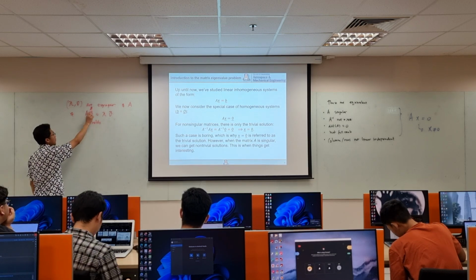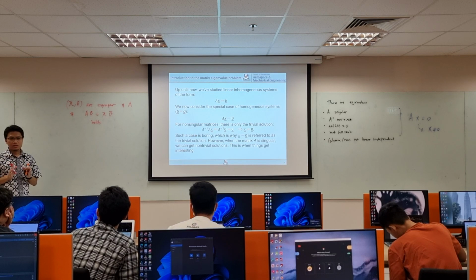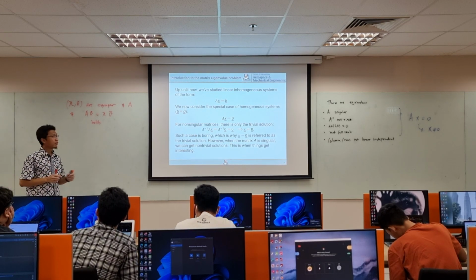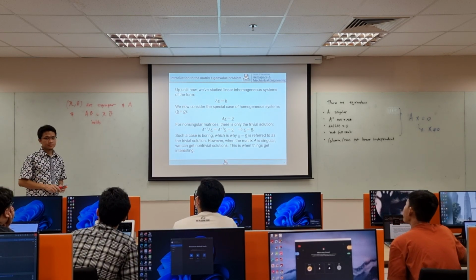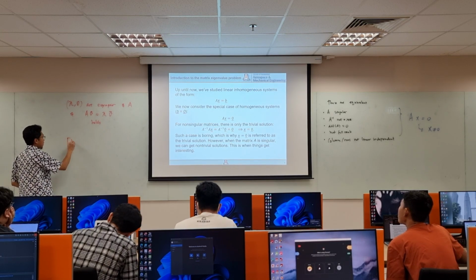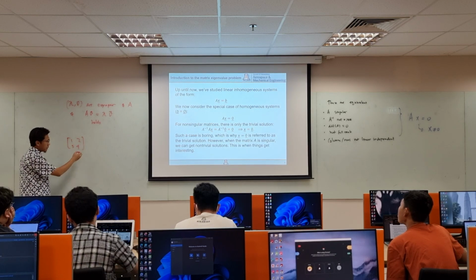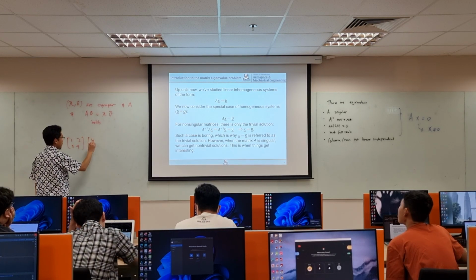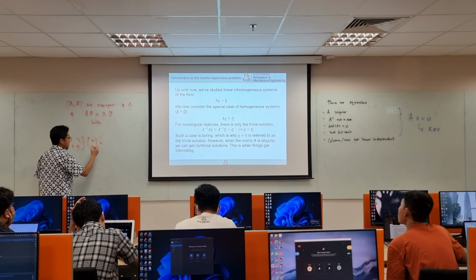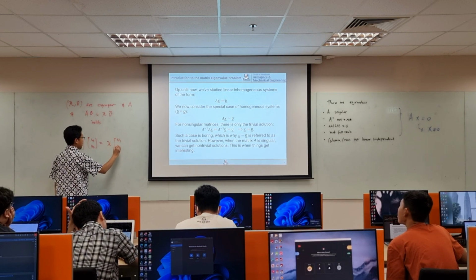From the point of view of this equation only, what can you tell about the eigenvalue and eigenvector? You have a matrix, let's say 1, 2, 3, 4. When you multiply this matrix with a vector, let's say v1, v2, the result is like this.